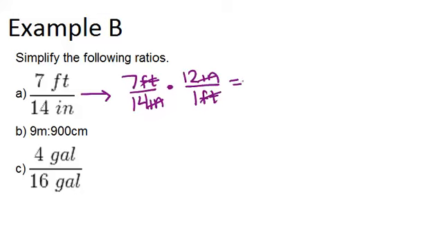So multiply across, 7 times 12, and you get 84 over 14, which reduces to 6 over 1. In this case, you want to leave it in the fraction, or you could write it like this, because it was talking about a ratio. If you just reduced it to 6, you would have lost the ratio. So the ratio is 6 to 1.